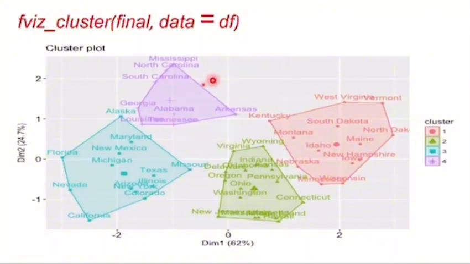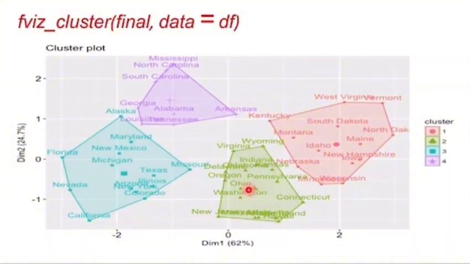So what we have done here is we've used k equal to 4. We believe that in classifying states into groups according to crime variables, we should have 4 groups. So what is the implication in policy formulation? The same strategy can be used if you're to bring down crime rates here.